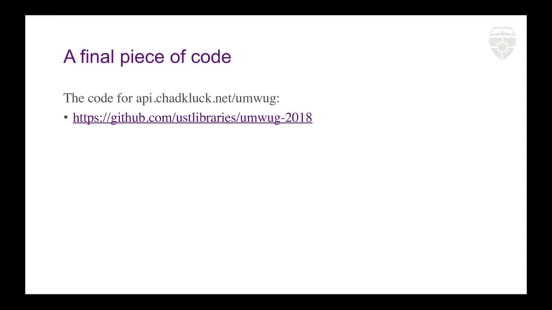If you happened to go to that URL during the presentation, api.chatcloak.net/UMWUG, you were able to get the code snippets. All that is available here too. And again, it's using the same framework, so you can play around and see how that works. Once you see how something works, that's the fun of coding, I think: you can go out there, see what other people have done, dissect it, see how they did it, and then use it for your own.